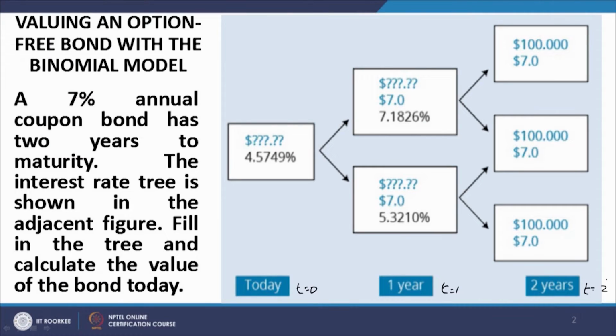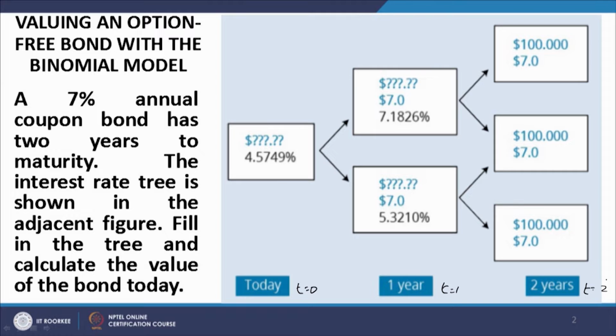So, we work out the cash flows at the end of 2 years. At the end of 2 years, the bond would mature for repayment. Therefore, we will get back the principal of 100 and we will also get a coupon of 7% at the end of 2 years. So, the total cash flow at the end of 2 years will be 107, and this is shown here in this figure.